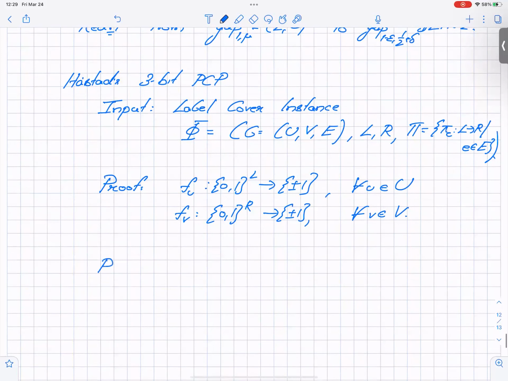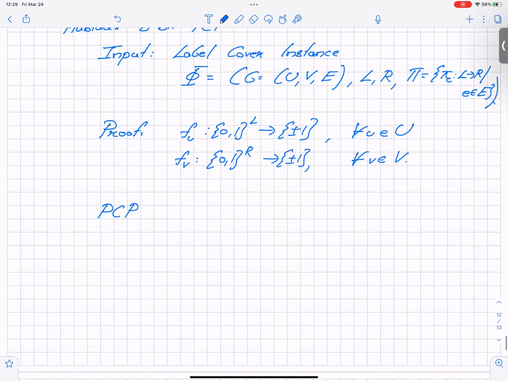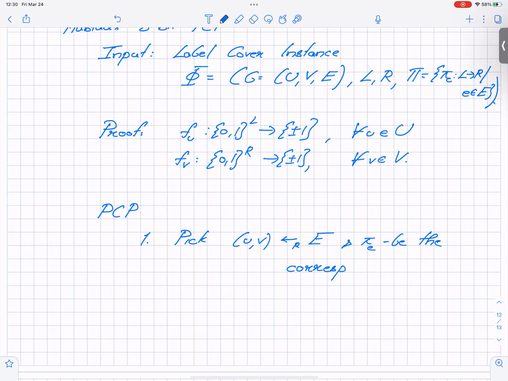What's the PCP going to be? The first step will be to take UV at random from the edges. It's going to pick a random edge of the label cover instance, and let phi_e be the corresponding projection.